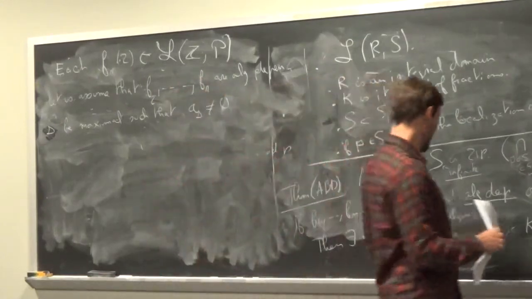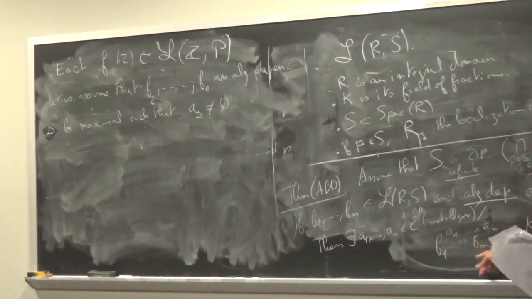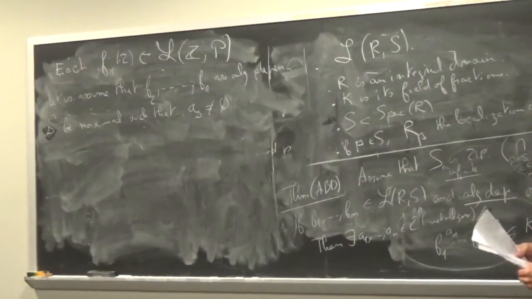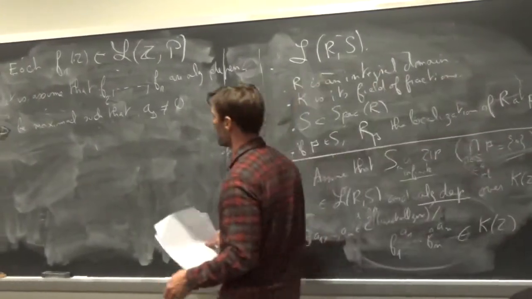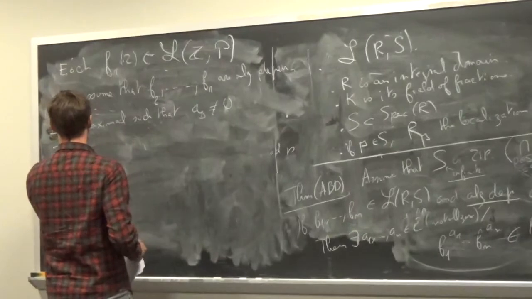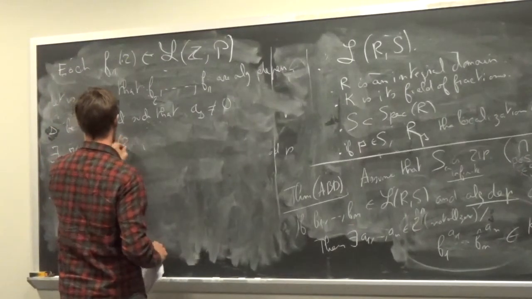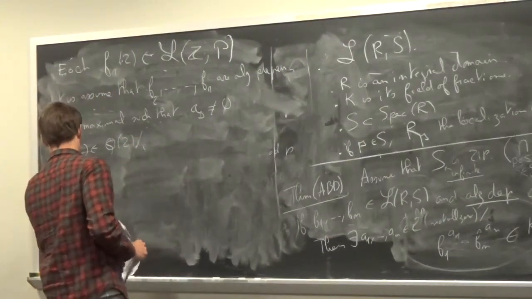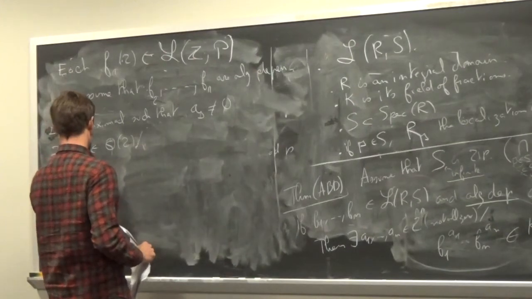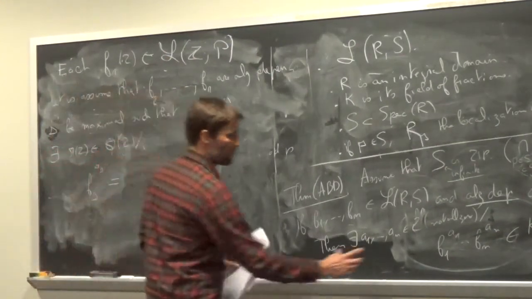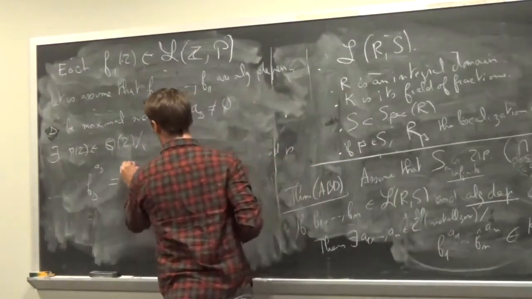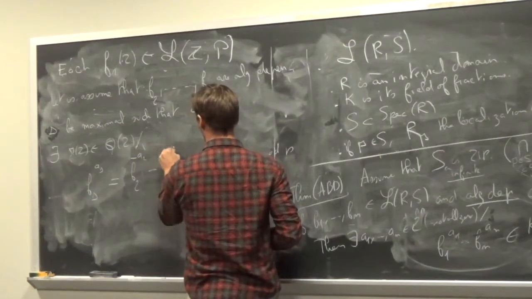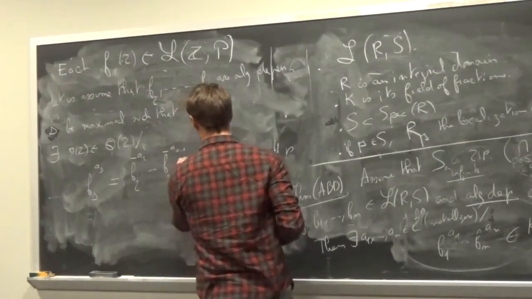Not all the A_i are 0, so I choose the last one which is non-zero. Okay. So what I get is that there exists a rational power series such that F_s^A_s is equal to, I move the other terms to the other side, F_2^A2 up to F_(s-1)^A_(s-1) times a rational function.